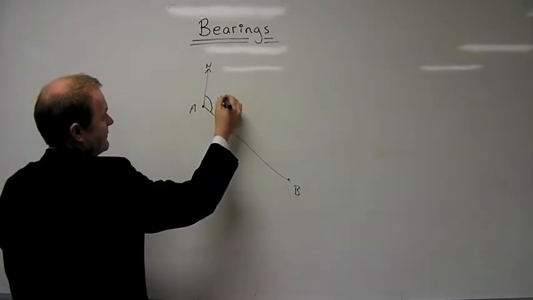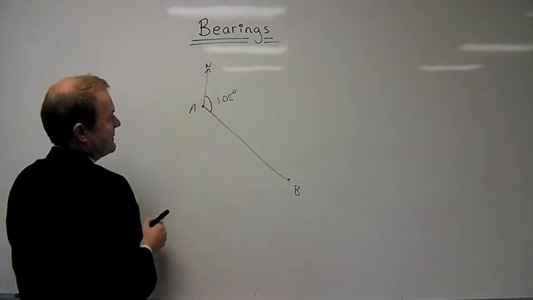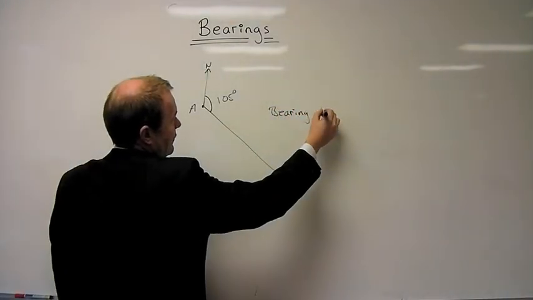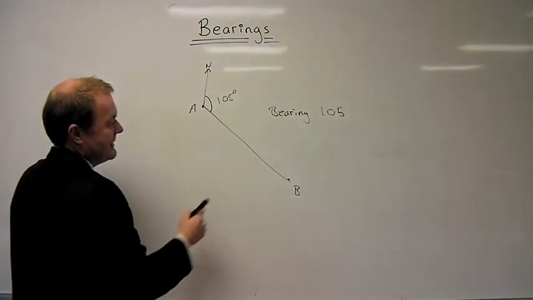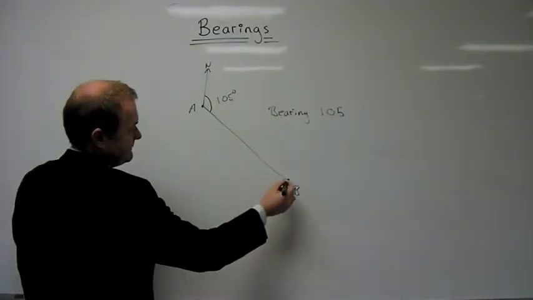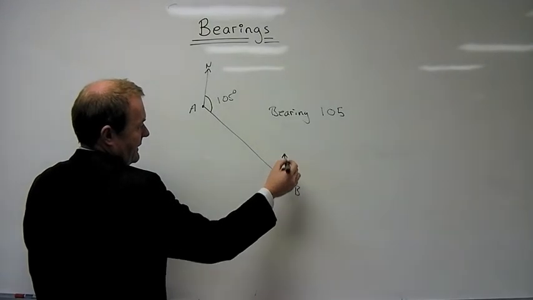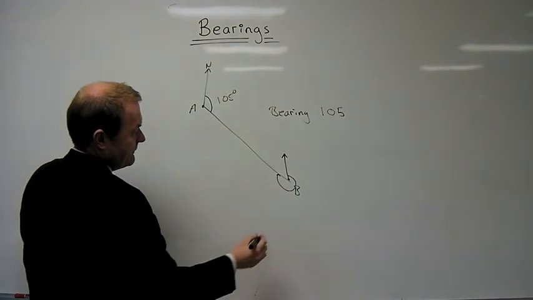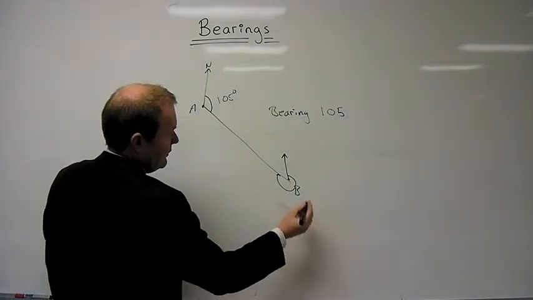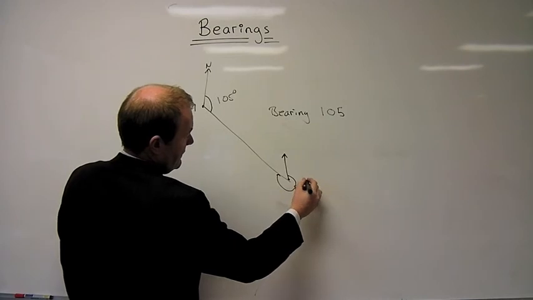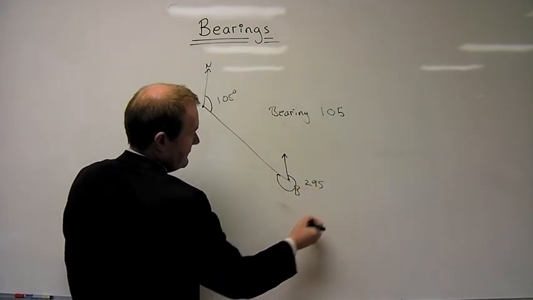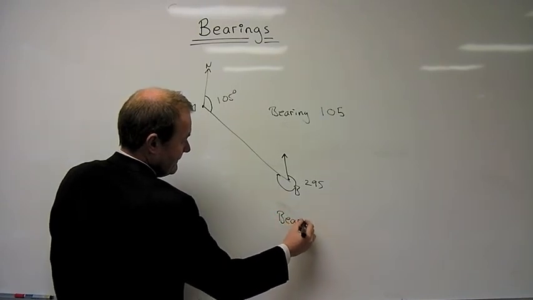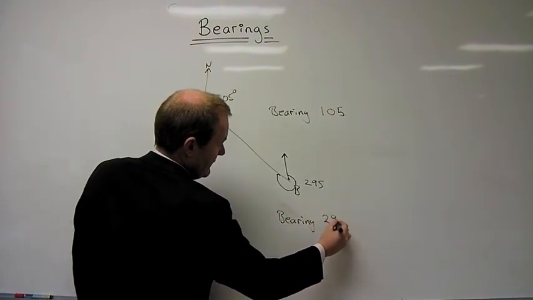Say for example it's 105 degrees, so my bearing would be 105. If I then want to travel back to A, I put my north line in, I measure the bearing all the way around. Say for example the angle is 295, then the bearing would be 295.